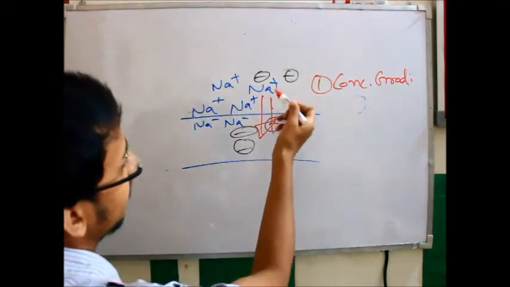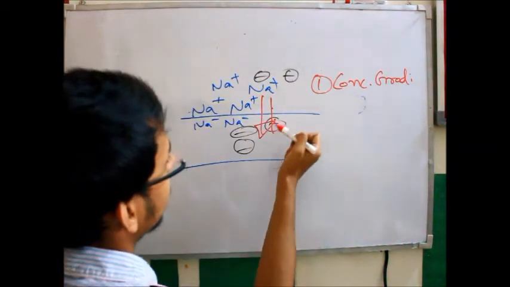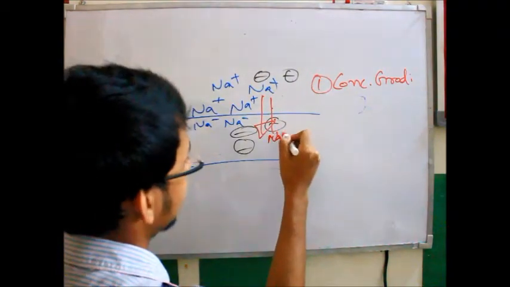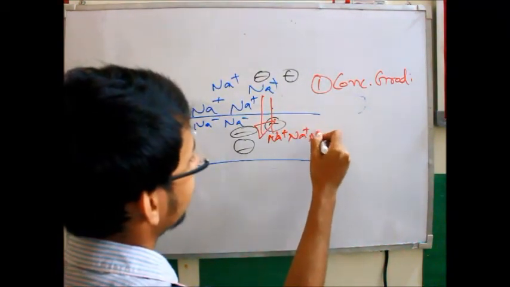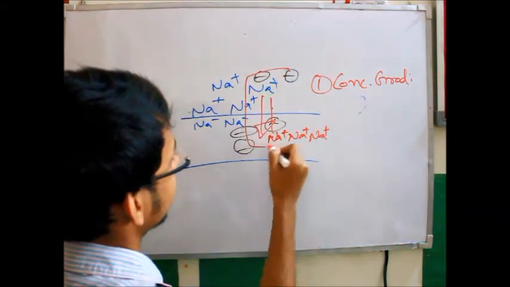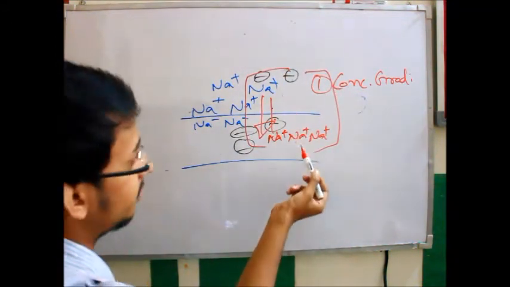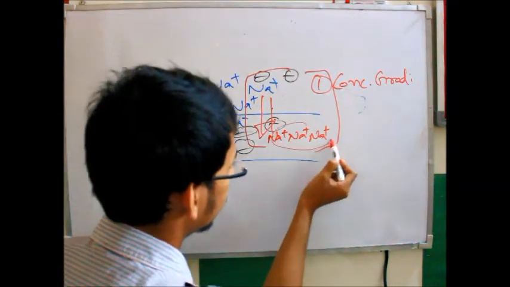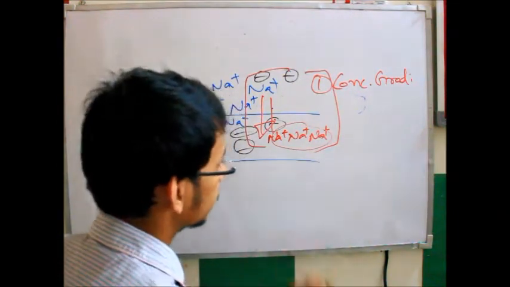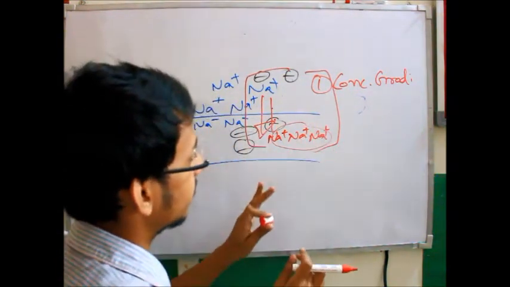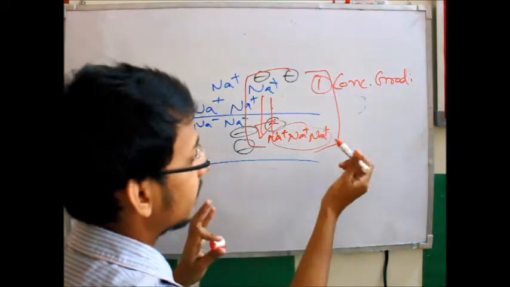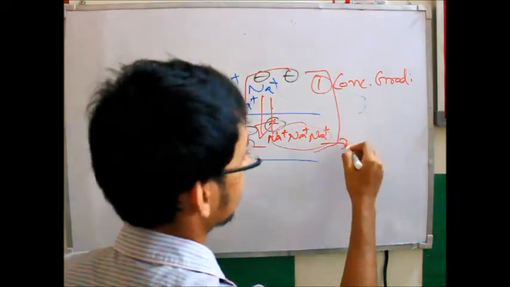Now as we realize that sodium ion is coming inside the cell, we can expect that in this region a certain concentration of sodium ion resides, and the electropositivity is maintained.